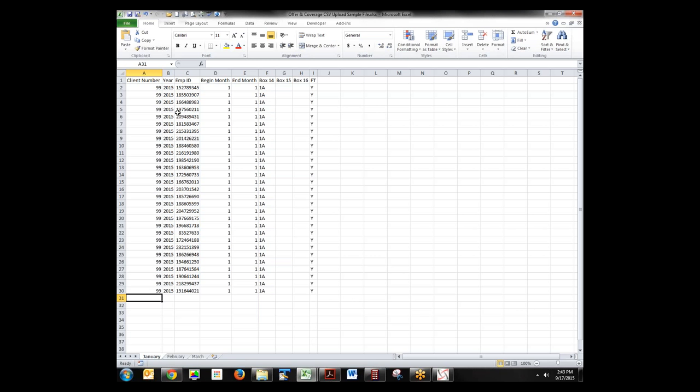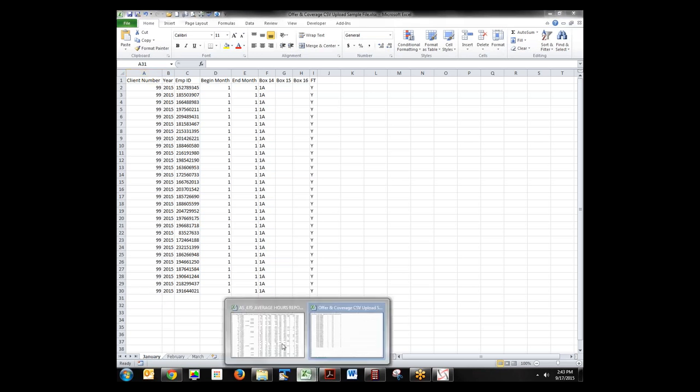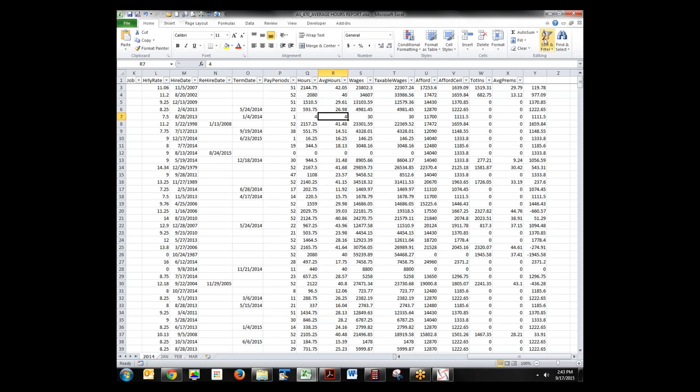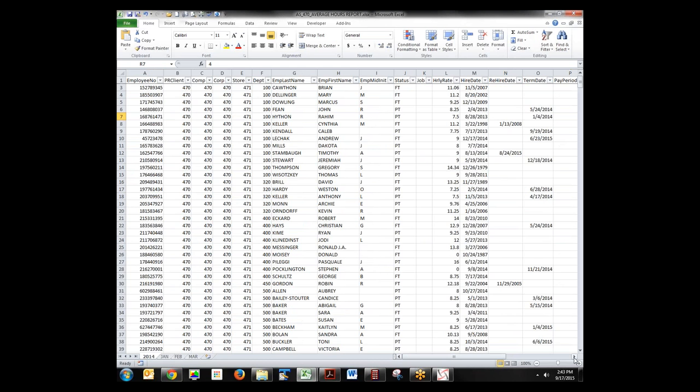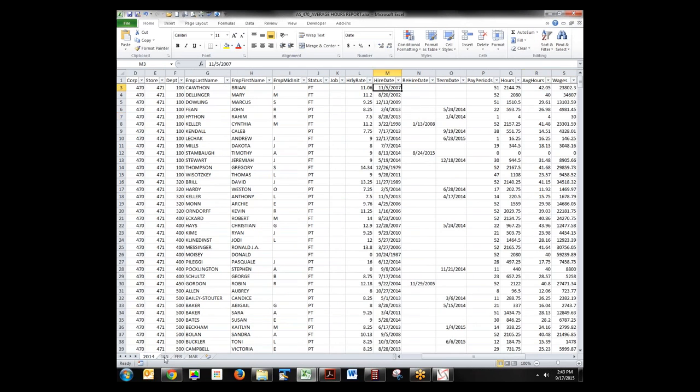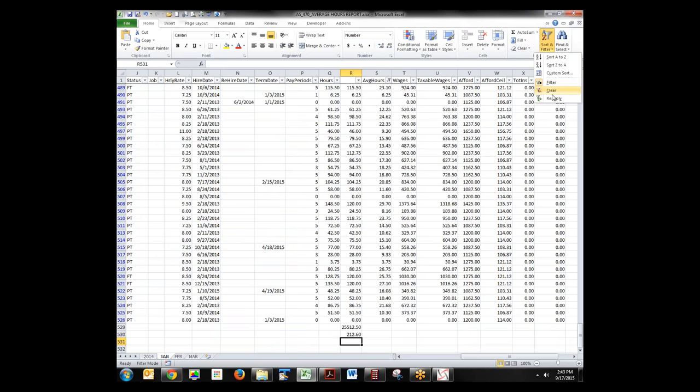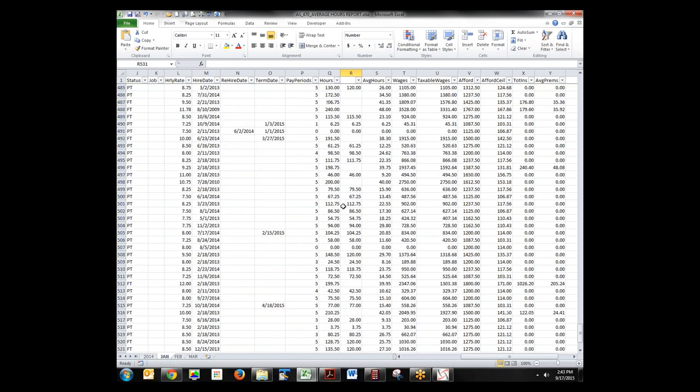Essentially, the first school of thought is to determine your starting point on January 1st, 2015. Okay, here's my list of active employees as of January 1st, and we can obviously use the average hours report because we've got all the dates on there. All my filtering's turned off. So we've got the hire and termination dates on here. So I'm going to switch over to my January worksheet.